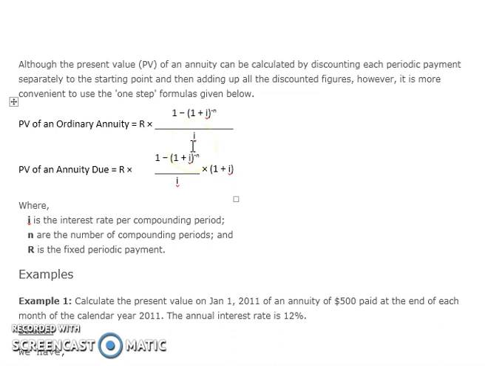But there is a difference between the ordinary and due formulas: for annuity due, you have to multiply the factor by 1 plus I. That's the difference between the two.